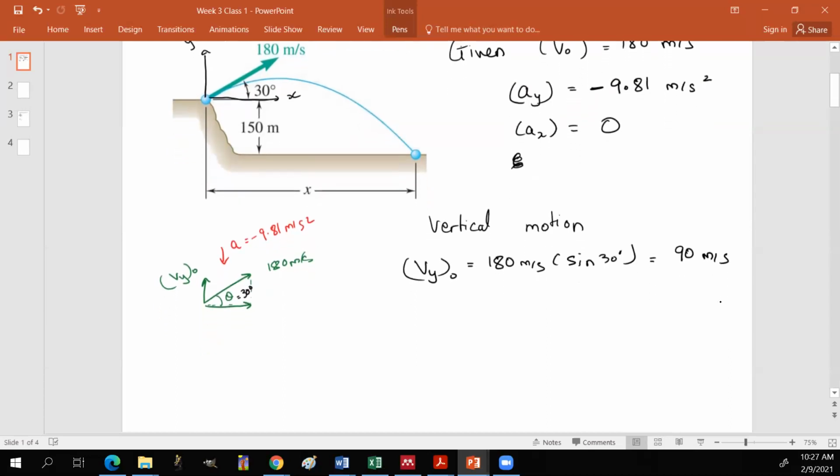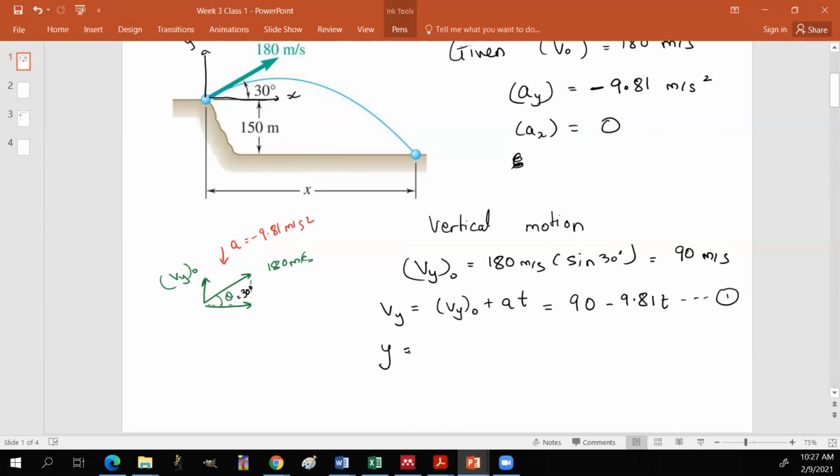And then from our derivations in class, we knew that our velocity in the y direction at any time t is equal to the initial velocity in the y direction plus my acceleration times the time t. But we know that the acceleration is negative, and we know the initial velocity, so Vy is equal to 90 minus 9.81 t. Let's call this expression number 1.